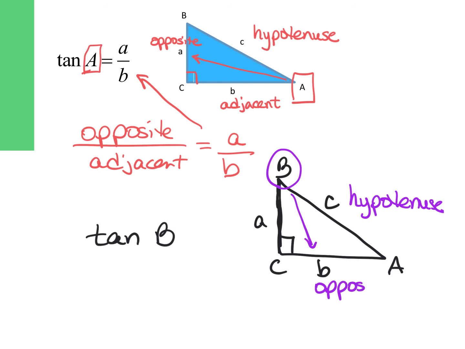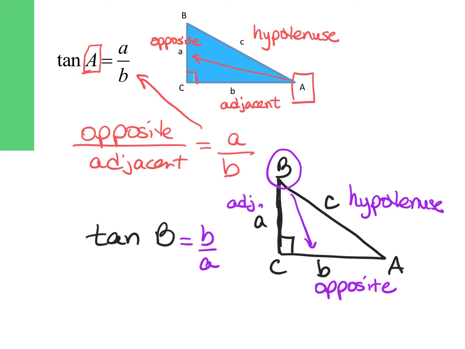Notice in the other triangle, the little b was the adjacent when I was talking about angle A. But now opposite to angle B is little b, and adjacent to angle B is little a. So now when I put it into the ratio, I'm doing opposite over adjacent, so I do B over A this time.